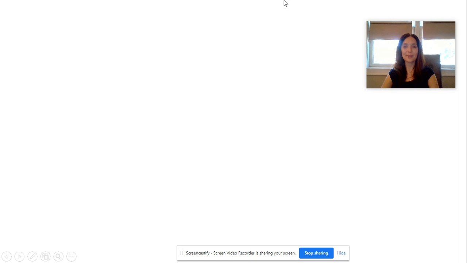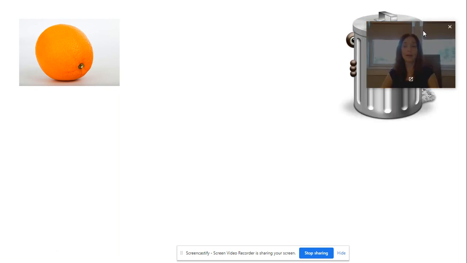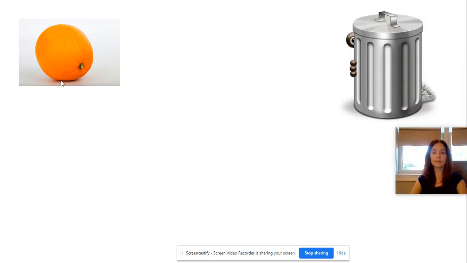Okay, friends, we learned 4 new shapes today, solid shapes. Let's see if we can look at these pictures and figure out what shape they are. Think about the 4 shapes we learned: sphere, cube, cylinder, and cone. This orange. Then we have a garbage can.